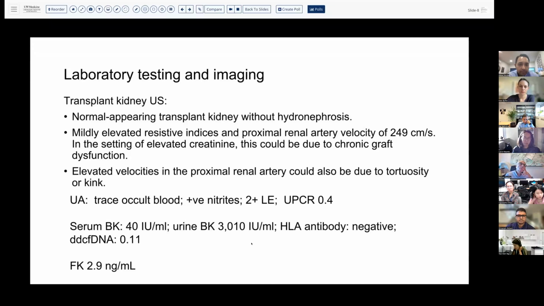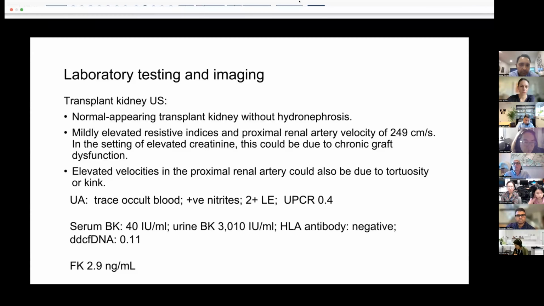Her serum BK was about 40 IUs per ml. Urine BK was about 3,000 IUs per ml. HLA antibody was negative. Cell-free DNA was unremarkable. Tacrolimus level was slightly low at about 2.9 nanograms per ml. So with this history and the question of why her creatinine was still elevated, we decided to do a kidney biopsy on her.